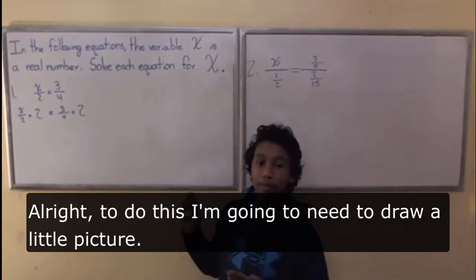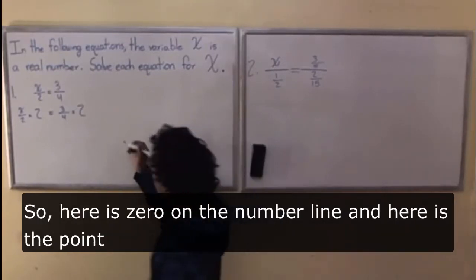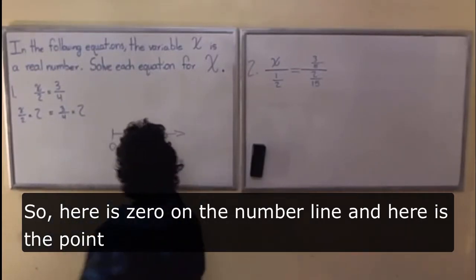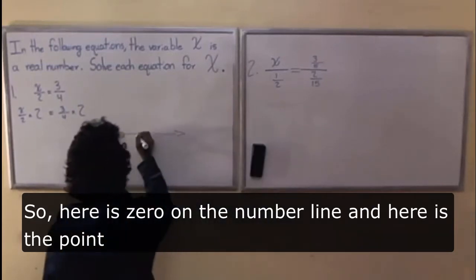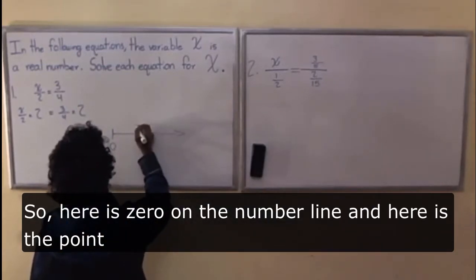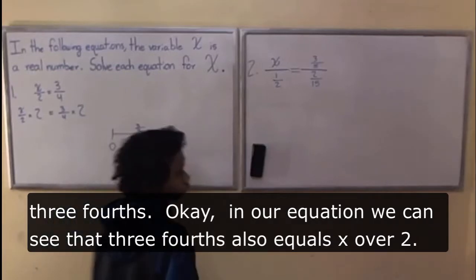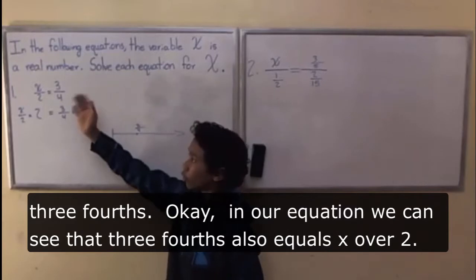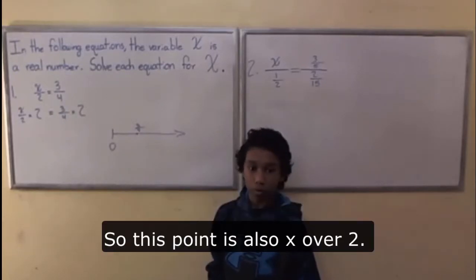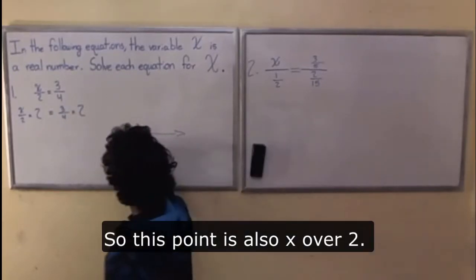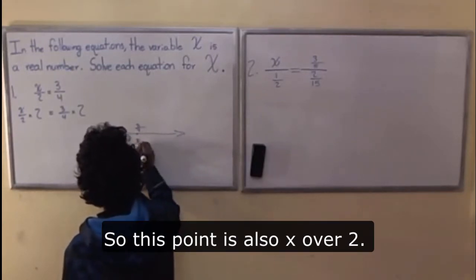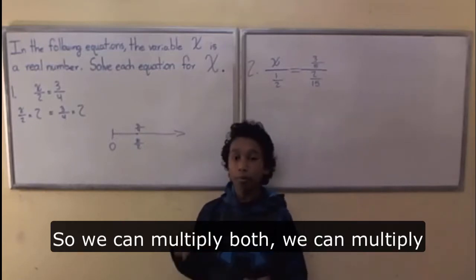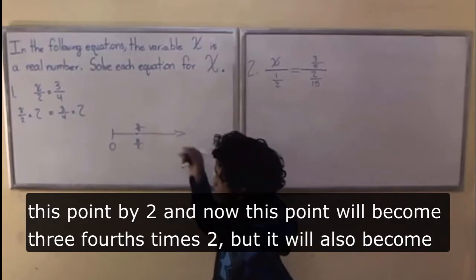Alright, to do this I'm going to need to draw a little picture. Here's 0 on the number line, and here is the point 3/4. Okay, in our equation we can see that 3/4 also equals x over 2. So this point is also x over 2. So we can multiply this point by 2.